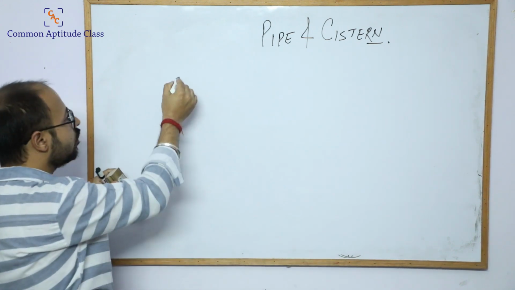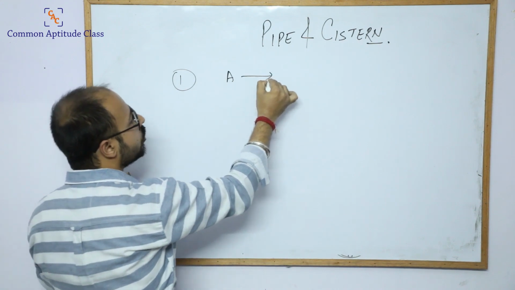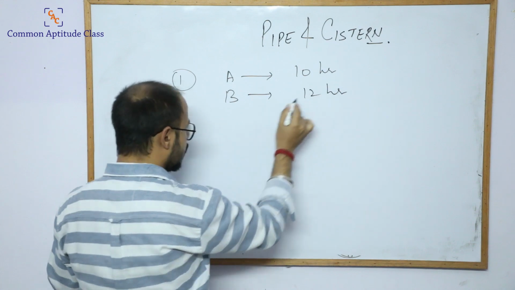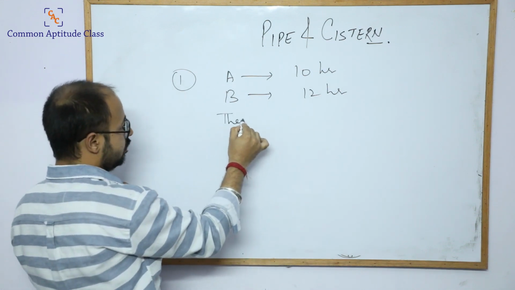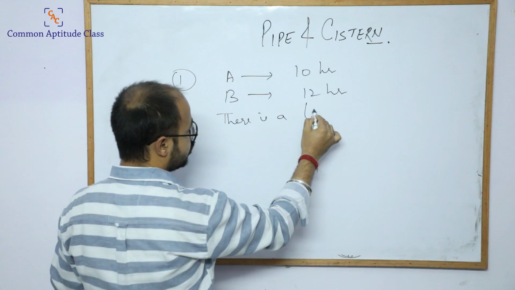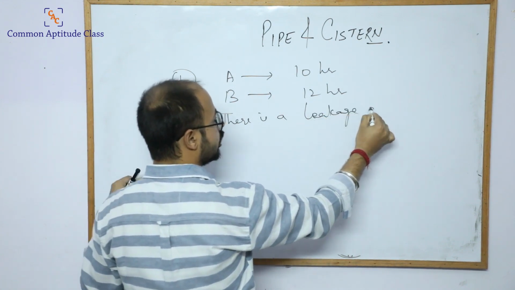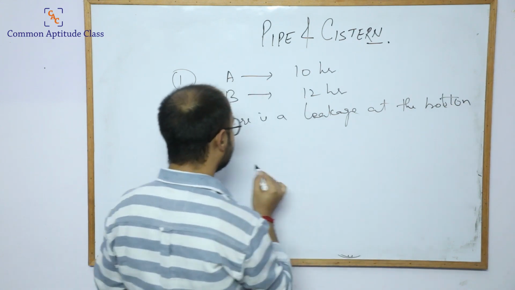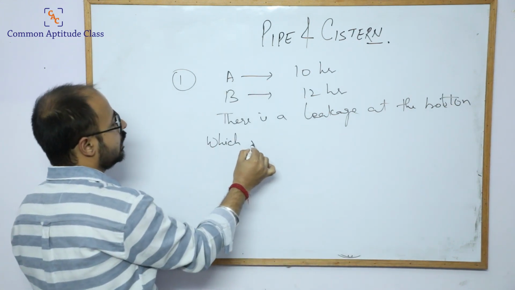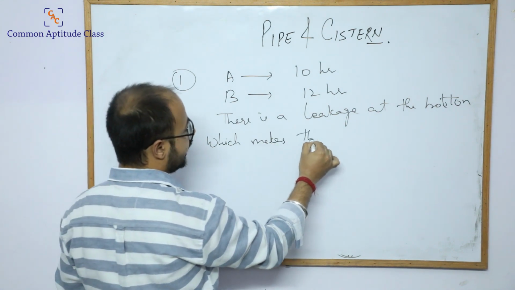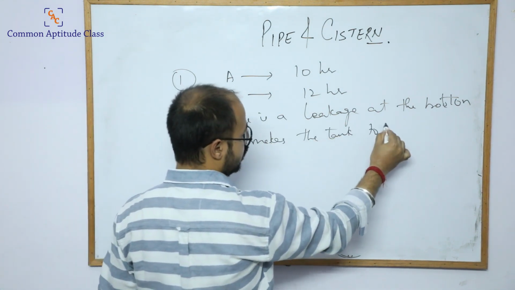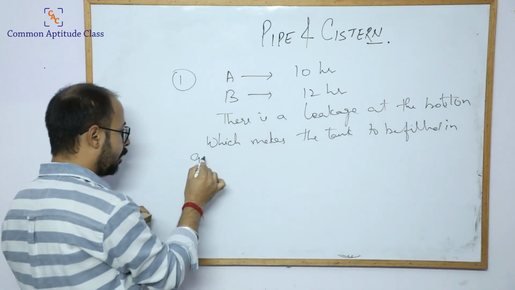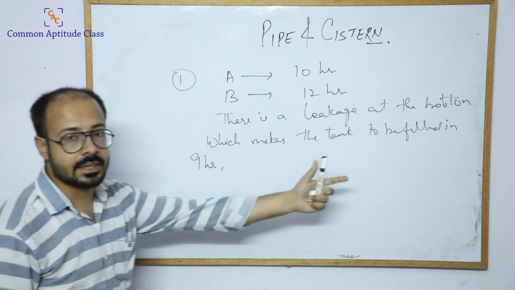For a simple example, A alone can fill a tank in 10 hours. B can fill the tank in 12 hours. But there is a leakage at the bottom, which makes the tank be filled in 9 hours.